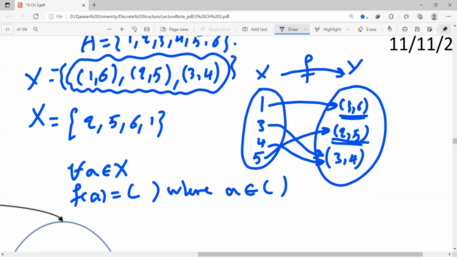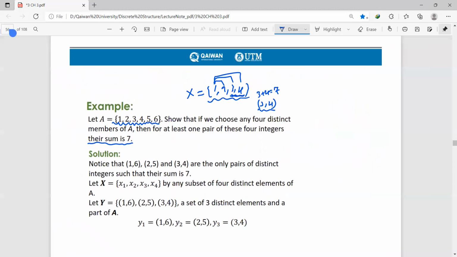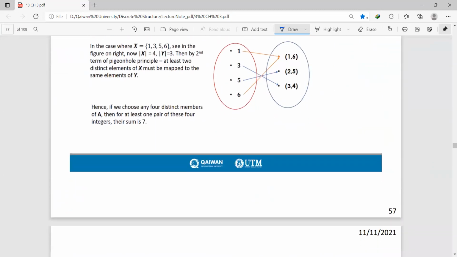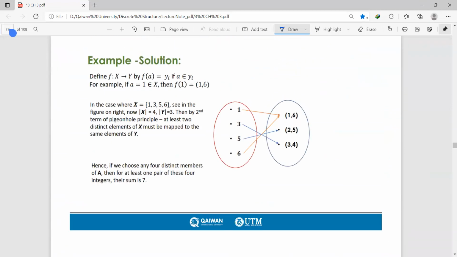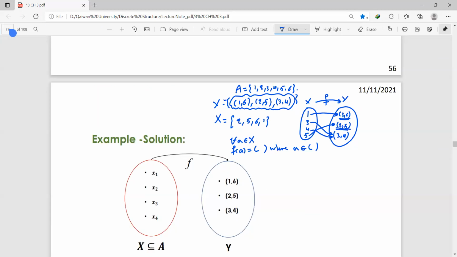Okay, but here it's explained in all steps. So here we say this function is from X to Y. What's the cardinality of X? It's 4. And what's the cardinality of Y? 3.